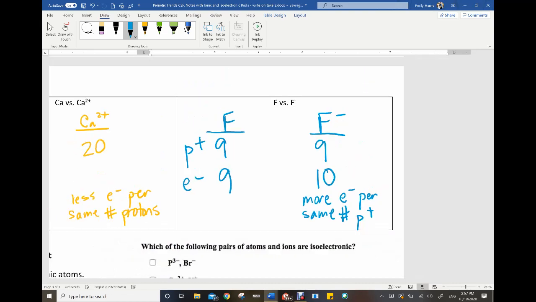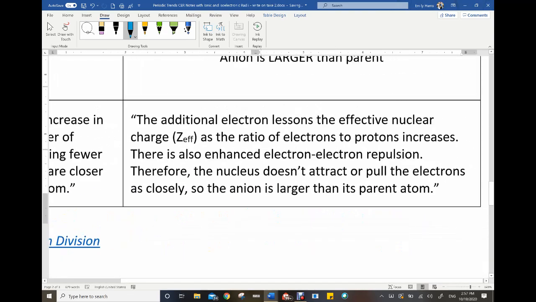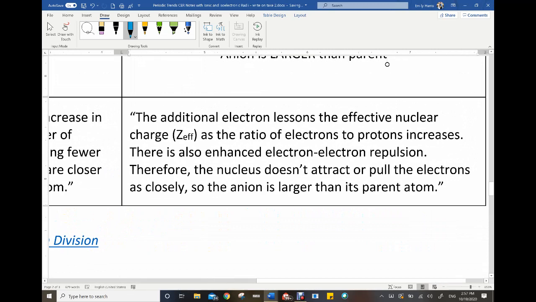And here's how this affects the size, as you might have guessed. That additional electron lessens the effective nuclear charge, and that should be an E there, sorry for the typo. The additional electron lessens the effective nuclear charge as the ratio of electrons to protons increases.